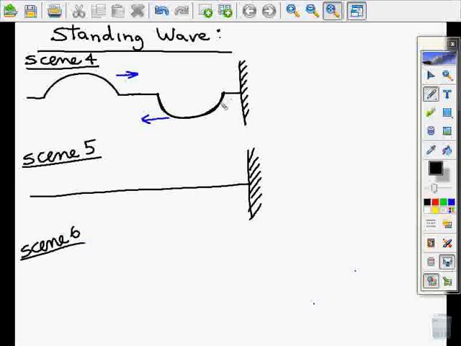You see this trough right here? It was just in the middle here, but it got canceled out. Now it's going to be on the left over here. Let me try to draw a little bit.